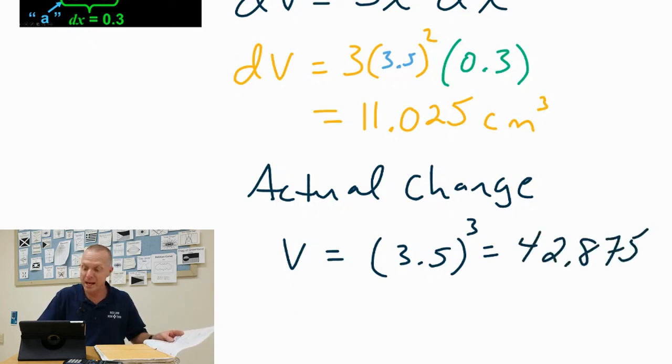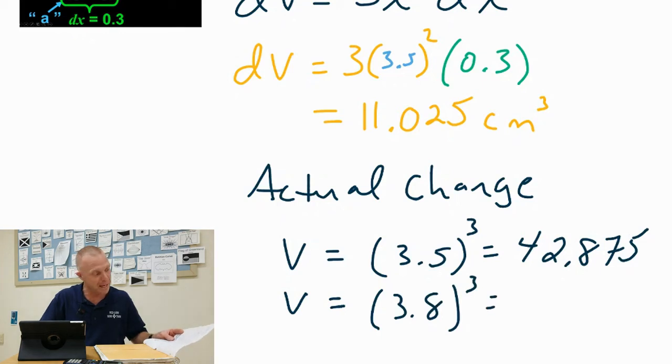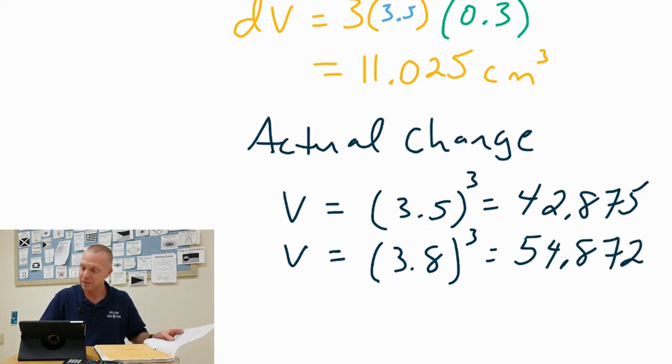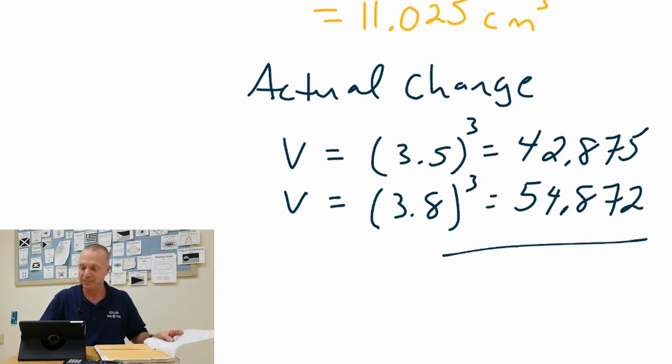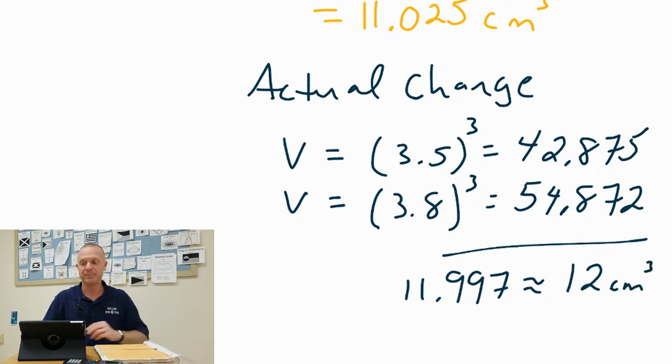But I would also need the actual volume at 3.8, right? Yes, so the actual volume at 3.8, plug that in, and we end up with 54.872. So what do I have to do with these numbers? Right, we have to subtract them. When you subtract them, you get the actual change, which comes out to be 11.99, but I believe it was supposed to be exactly 12 just because of the rounding.